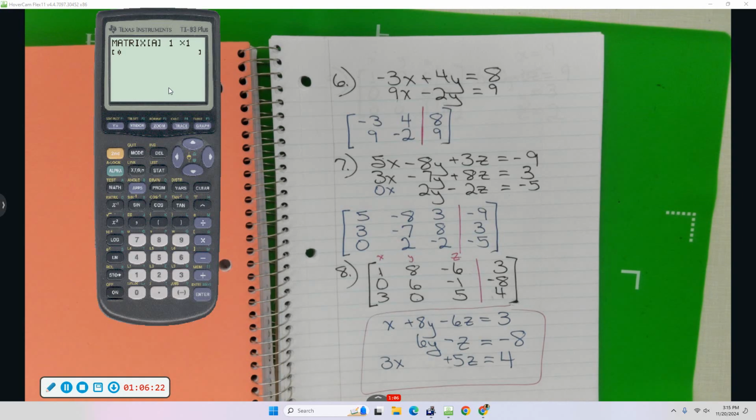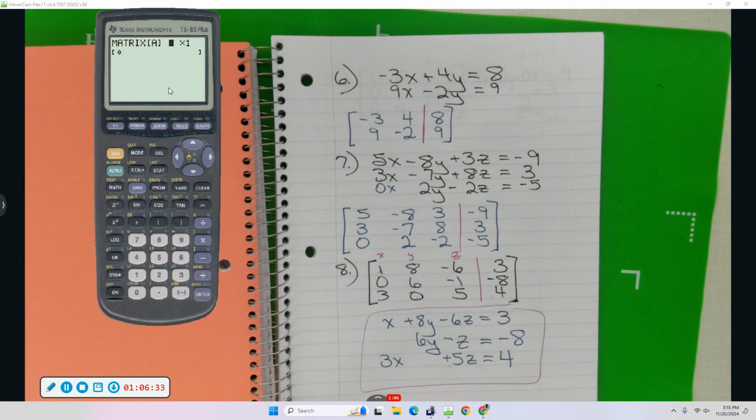But if there's a unique solution, you can use your calculator to easily reduce it using matrix reduction. Any questions there?